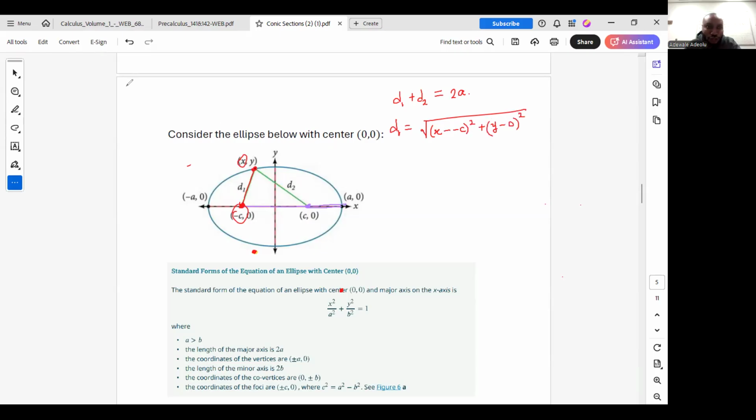Let me write it here. Suppose we have x1 comma y1 and x2 comma y2. Suppose these are 2 points.